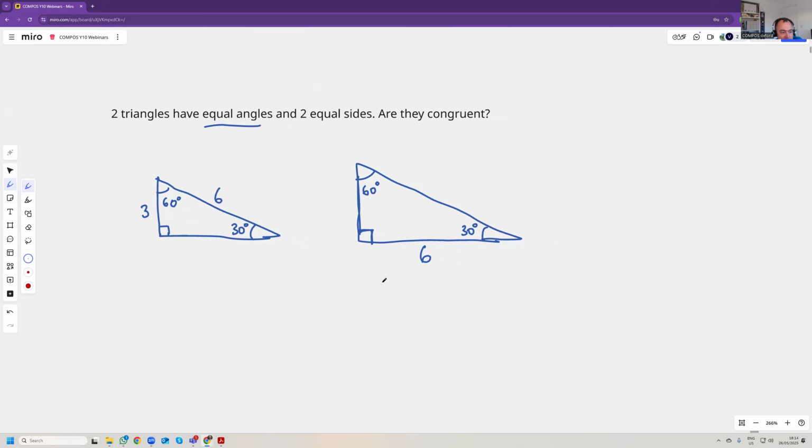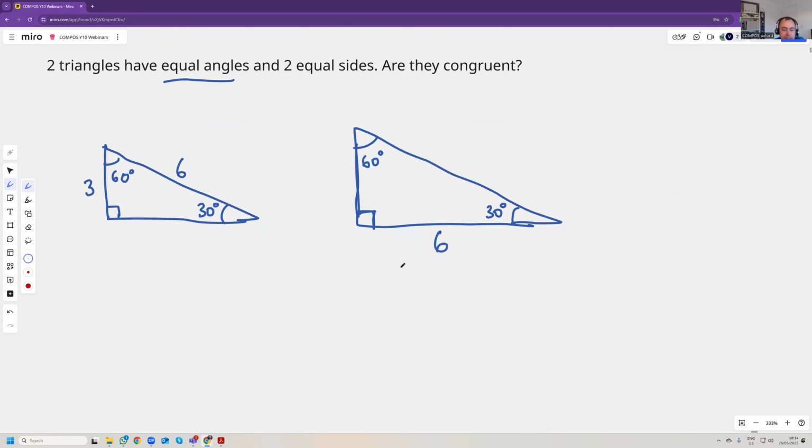If this is 6, this would be x, and this is 2x, so 4x squared minus, so 3x squared is equal to 36. X squared equals 12, x equals 4 root 3. Now that doesn't work. Apologies.